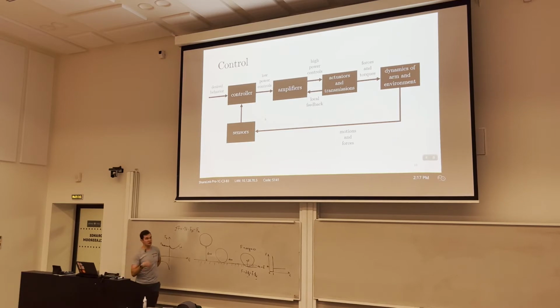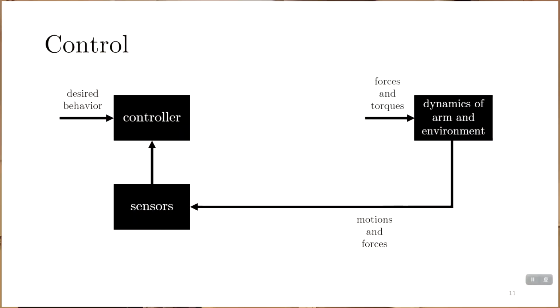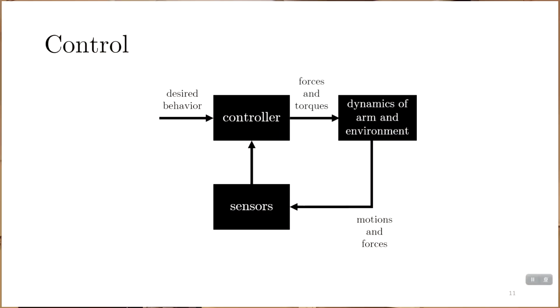So it's in general, but in the scope of our course, we will skip this part, and we will think like the controller produces forces and torques directly to the dynamics of our system.